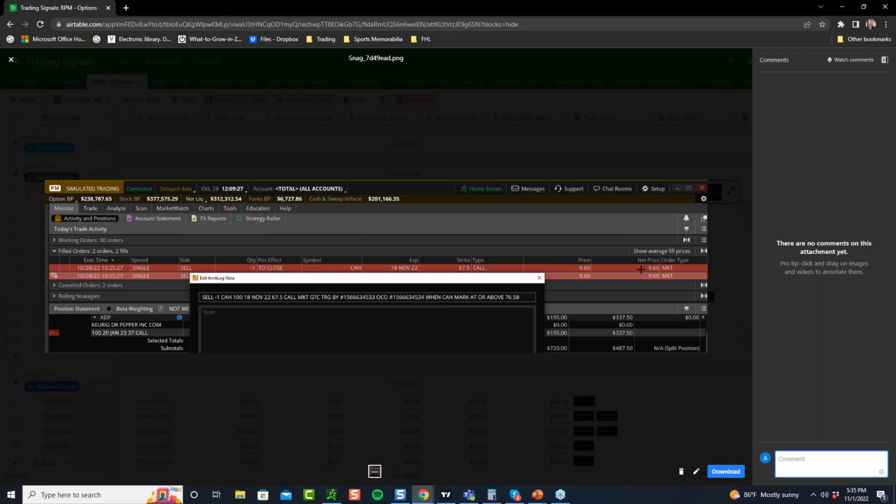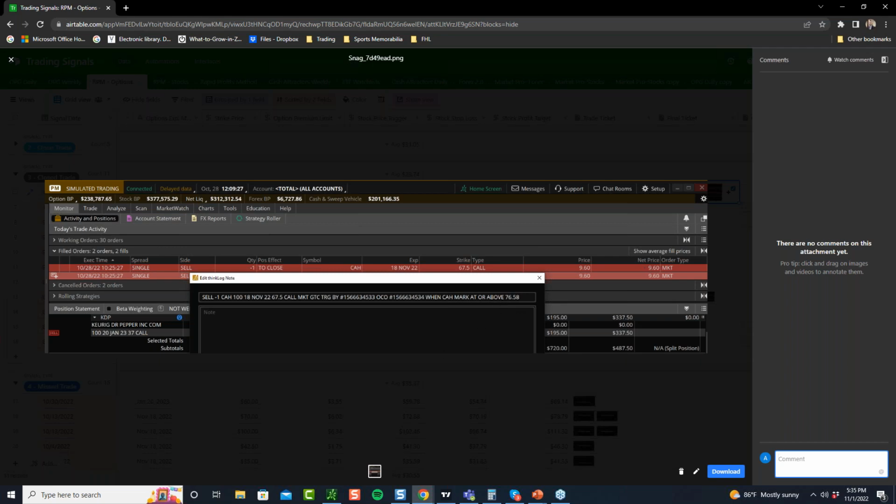Sold it at $9.60. You see the notes of the ticket. Sell that one contract. Here's the expiration, right? When Cardinal Health marks at or above 76.58, this automatically closed out this trade for $9.60.